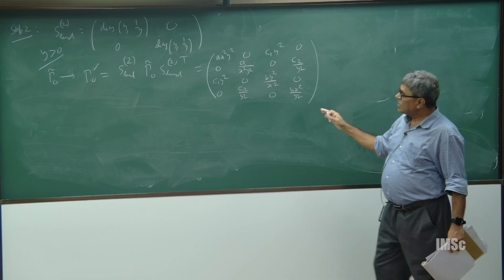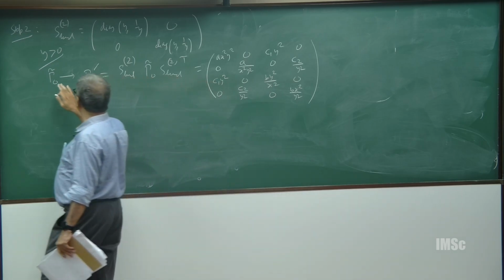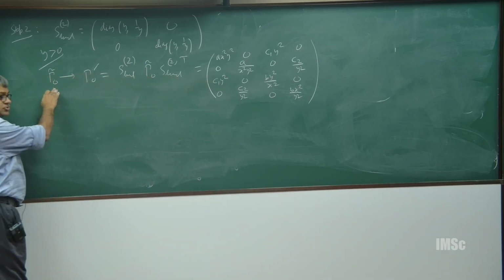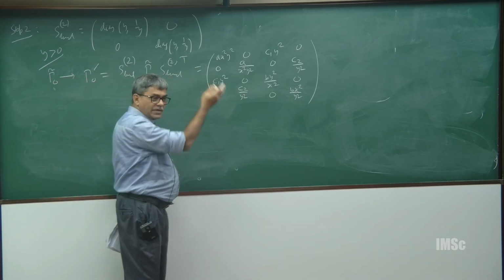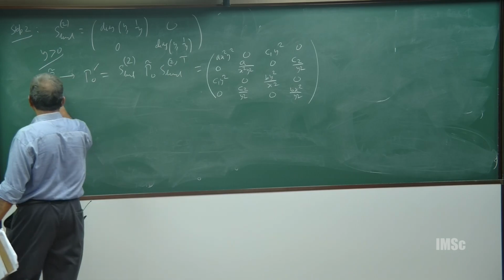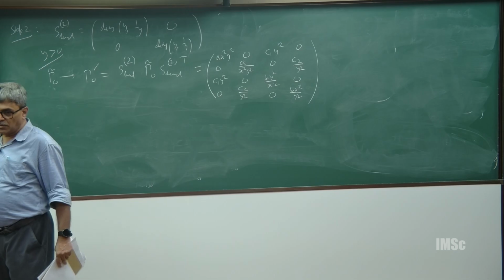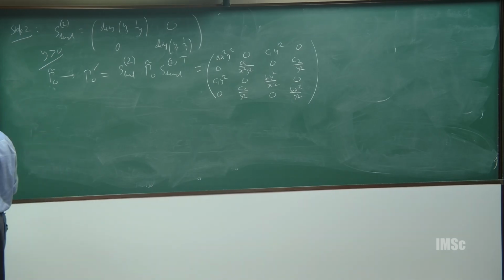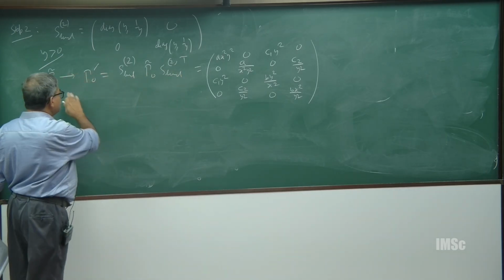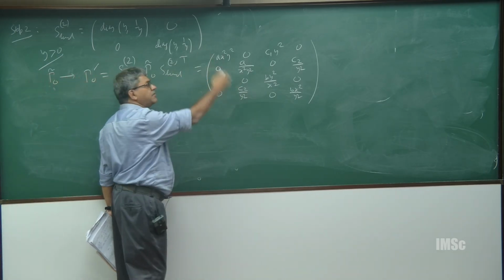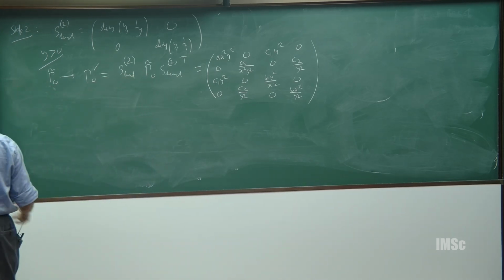If this corresponds to a separable two mode state, this will also correspond to a separable two mode state, because local symplectic transformation. If this is Gaussian, this will also be Gaussian, because this is a Gaussianity preserving transformation, okay. Classicality might change, okay, good.